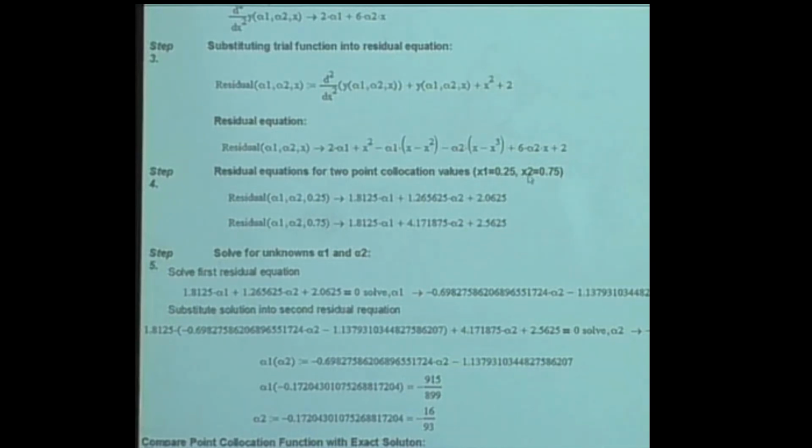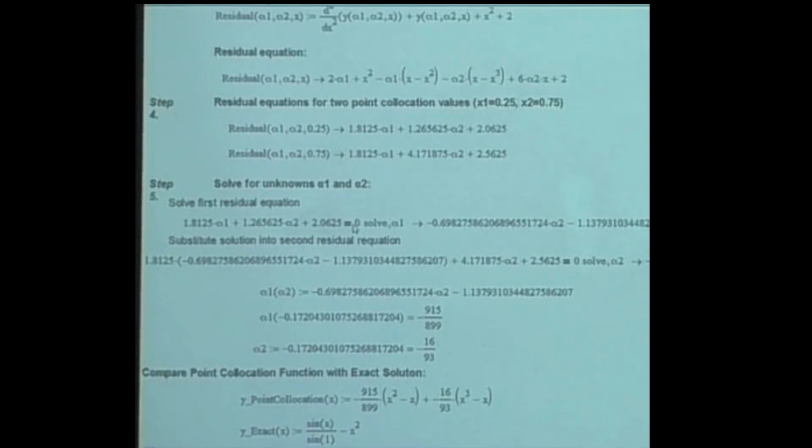So these are the 2 points, 0.25 and 0.75. Substitute those into the residual, and then we have 2 equations with 2 unknowns, alpha 1 and alpha 2. And then we can solve for those, and in MathCAD you can just write that out and solve it.